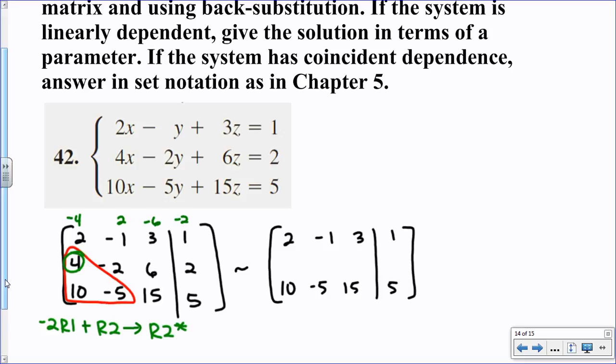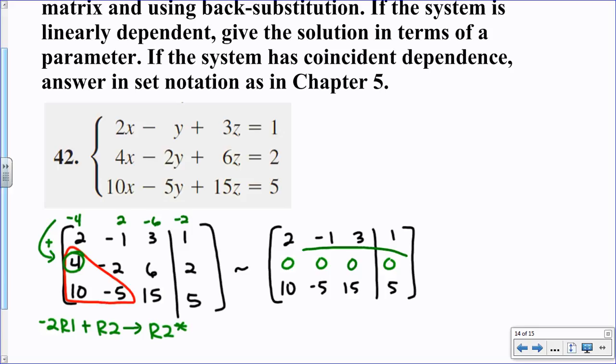Okay, let's add those. So that gives me 0, and then I get 0, 0, 0. Okay. I get a row of zeros, so that tells me that this is dependent. I don't know yet, though, if it's linear or coincident yet. I have to check the third one first.